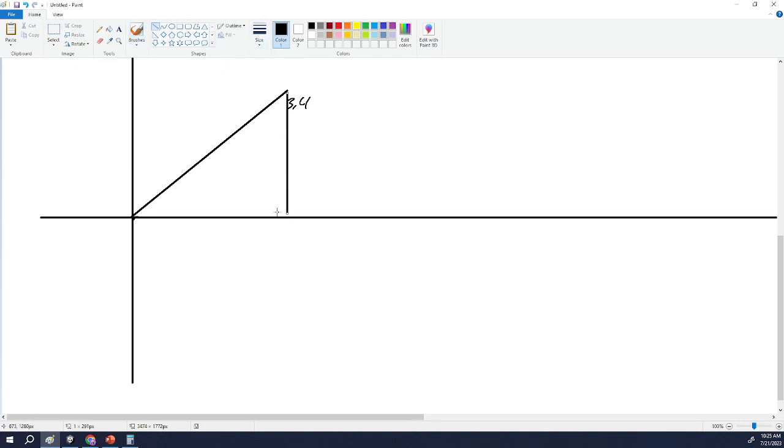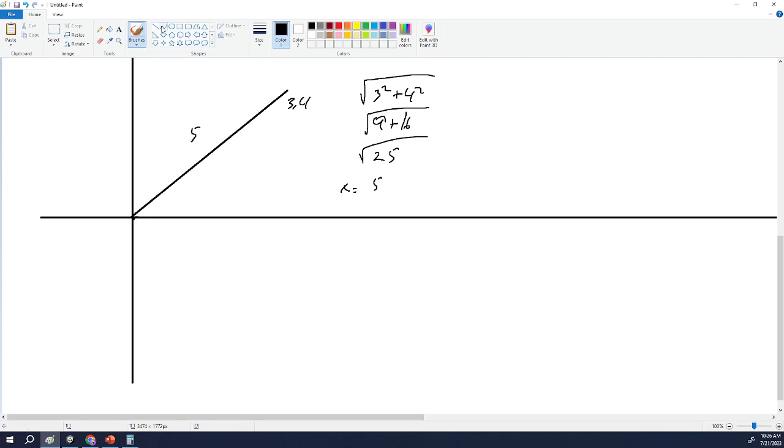Here's our triangle. So it is the square root of 3 squared plus 4 squared. Our magnitude is 9 plus 16, square root of 25. It is 5. Our magnitude here is 5.